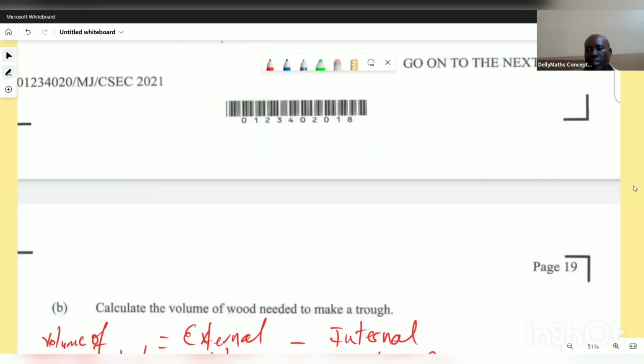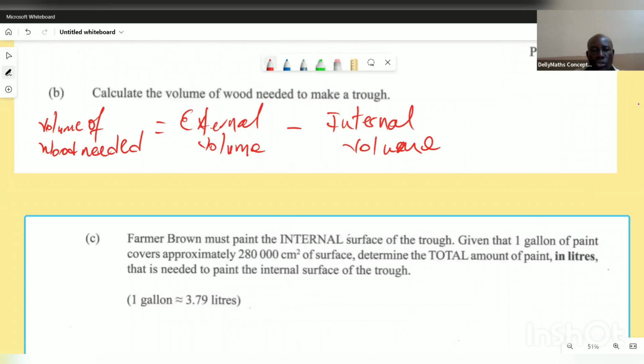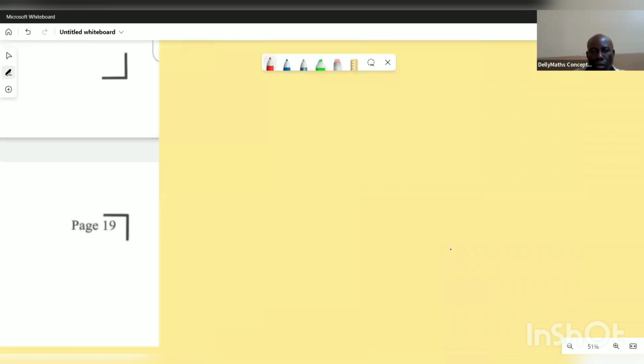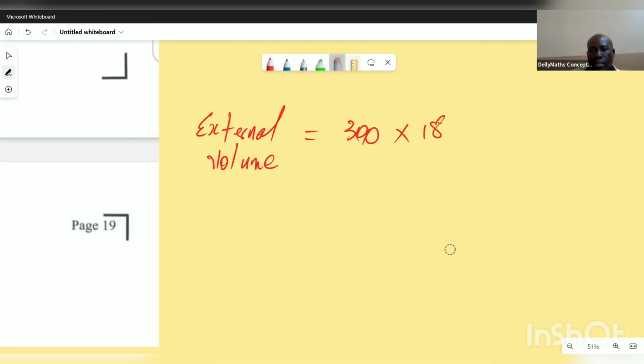So that's 300 by 190 times 160. We're going on the outside. That gives 9,120,000. So that's the external volume.